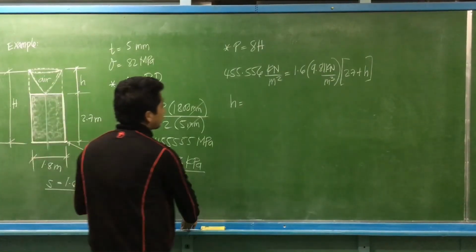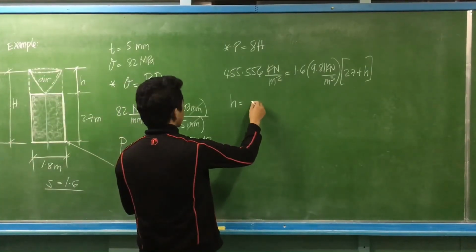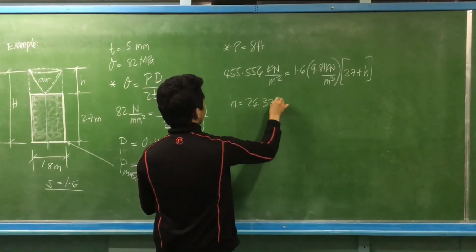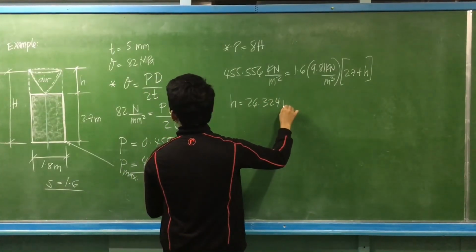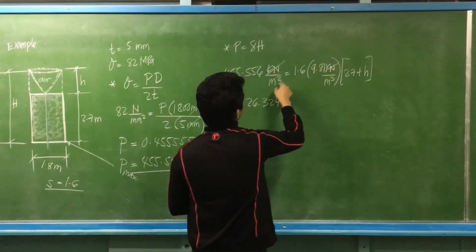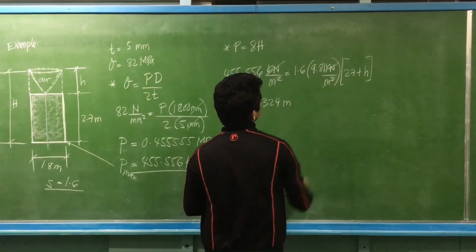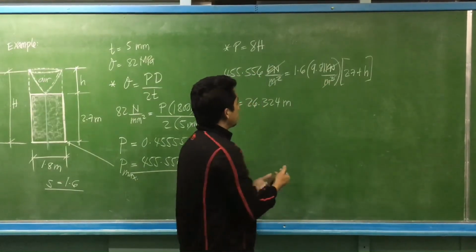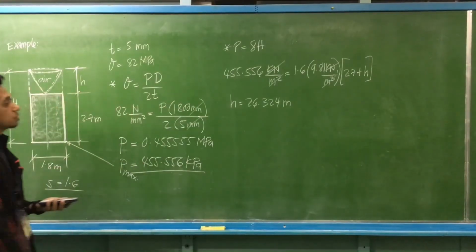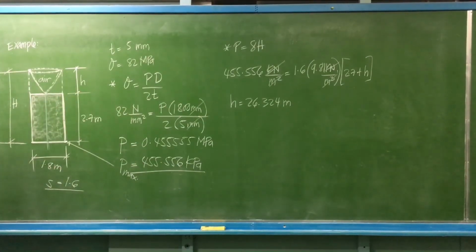Okay, so the resulting height of the parabola is equal to 26.324 meters. If we are to do unit analysis, kilonewtons, meter squared, cubic meter, so the remaining term will be meter. So 26.324 meters. Can you double check?